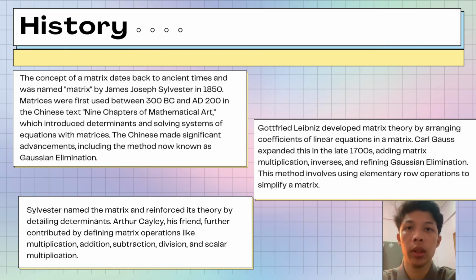Sylvester named the matrix and reinforced its theory by detailing determinants. Arthur Cayley, his friend, further contributed by defining matrix operations like multiplication, addition, subtraction, division, and scalar multiplication.